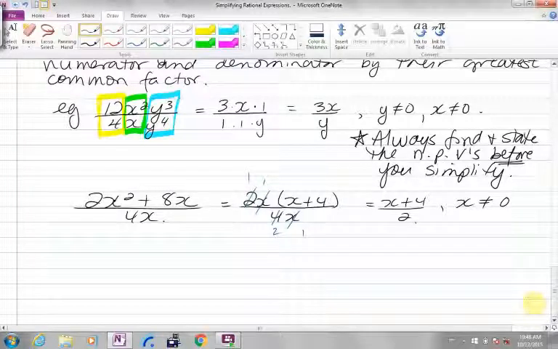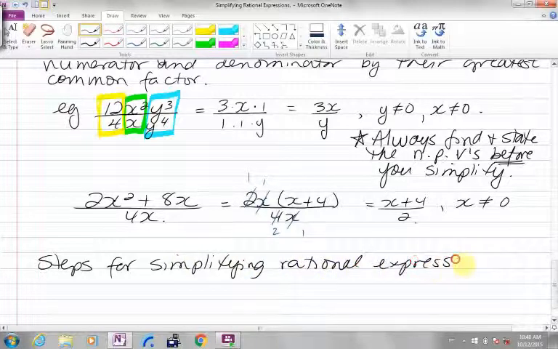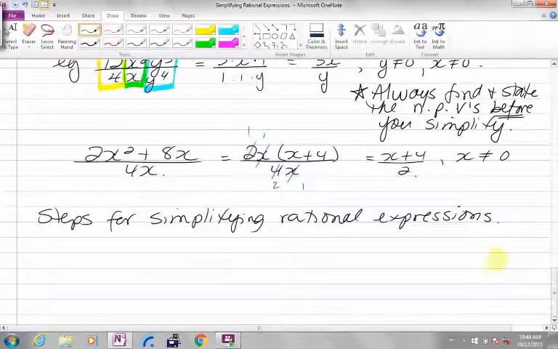So I'm going to write down the steps for you, and then we're going to practice. Now, these are going to be the first steps of any work that we do in this whole chapter.